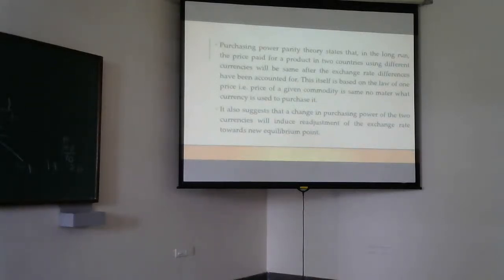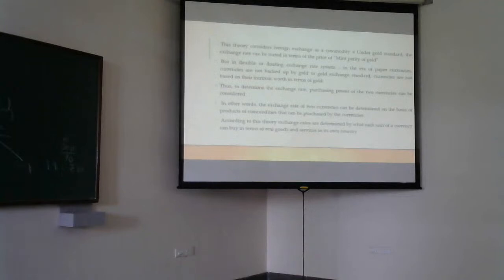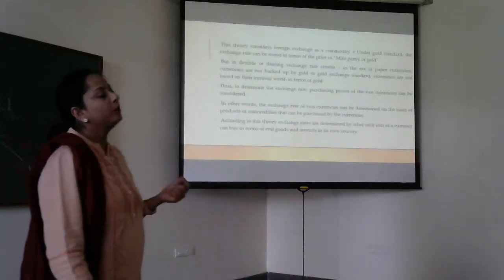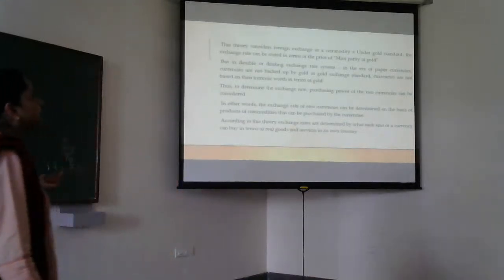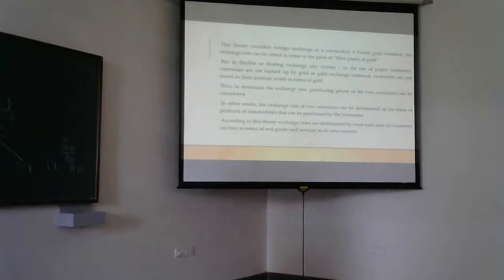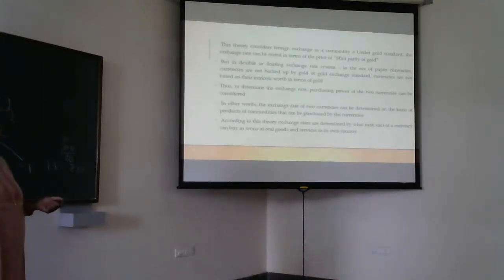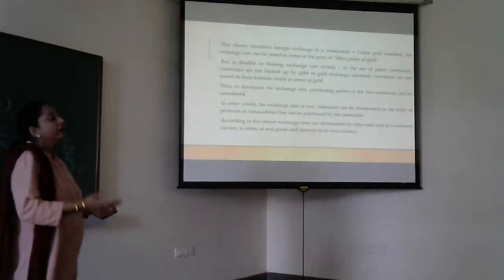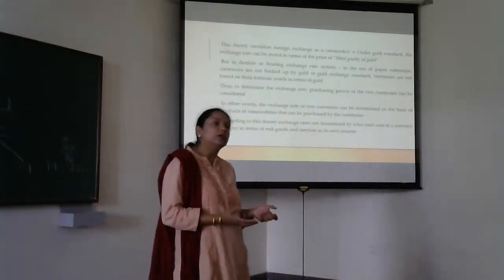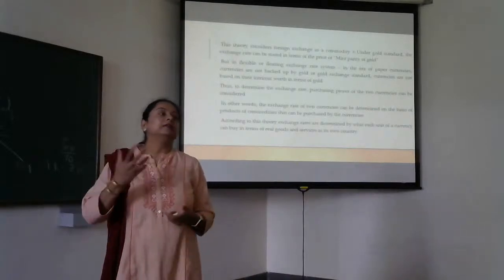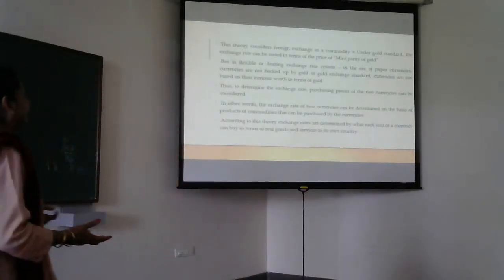Fine. Now see, what are they telling further? They say that this theory considers foreign exchange as a commodity. Fine. So if I am in India, for me the US dollar is a commodity. Under the gold standard, the exchange rate can be stated in terms of the price or mint parity of gold. That was the earlier system, where the value of the currency was decided on the basis of the level of gold reserves we maintained.